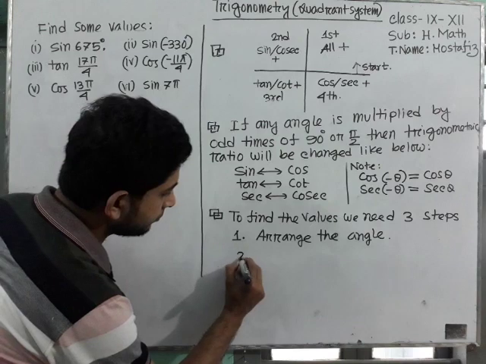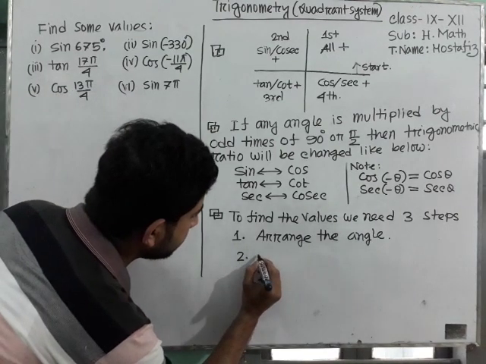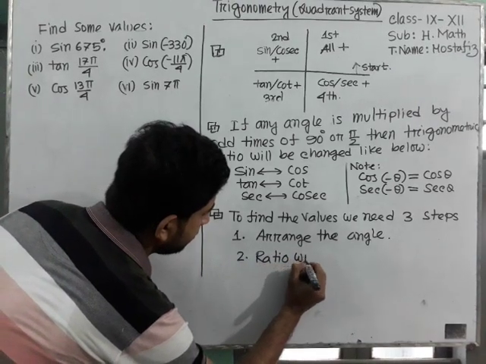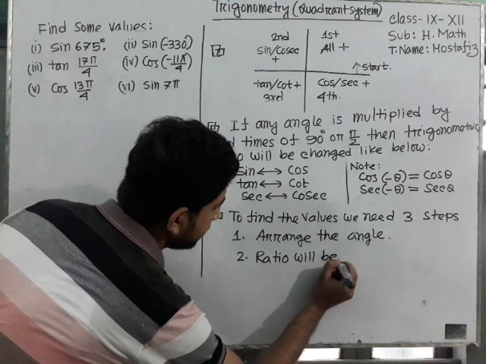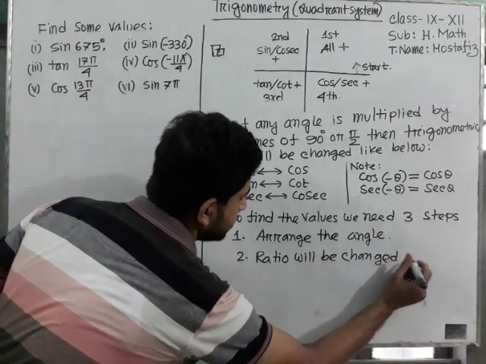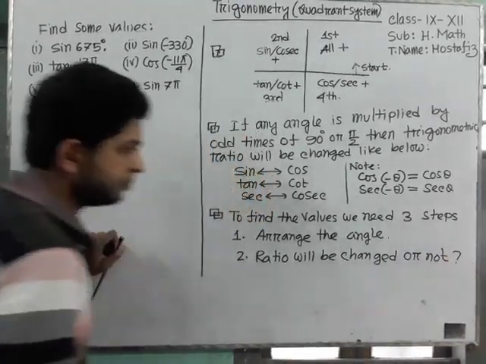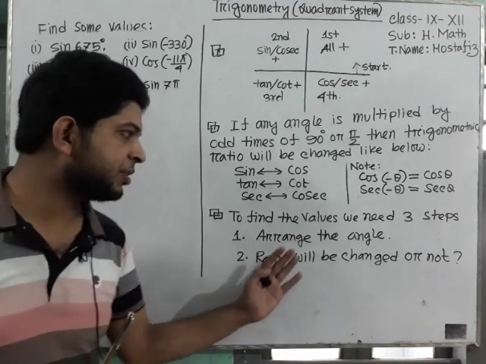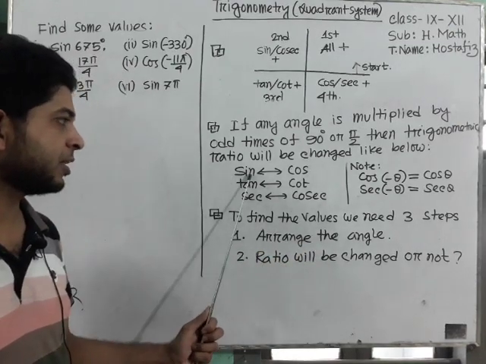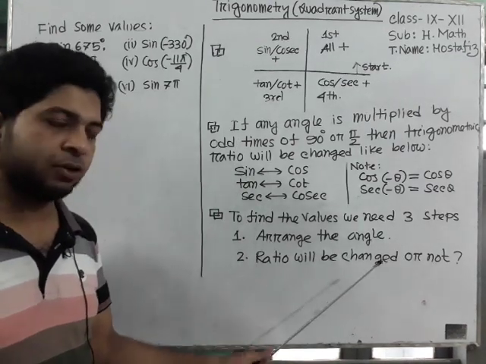Then you have to think whether the ratio will be changed or not. You have to ask a question that ratio will be changed or not. You know that sine will be changed to cos, cos will be changed to sine, and like this. So you have to think ratio will be changed or not.